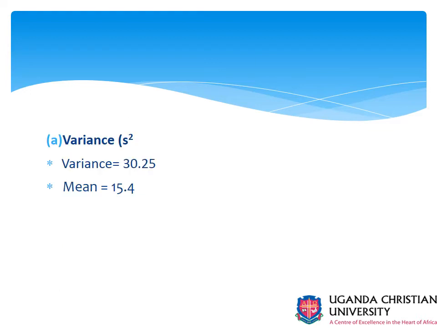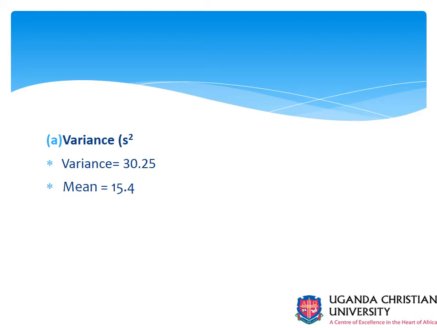The beauty about standard deviation and variance is that you can estimate one and then it leads you to the other. Having computed our standard deviation, getting the variance is just a walkover. We just square the standard deviation. If we had computed on a population basis, we would have sigma, and the variance would be sigma squared.